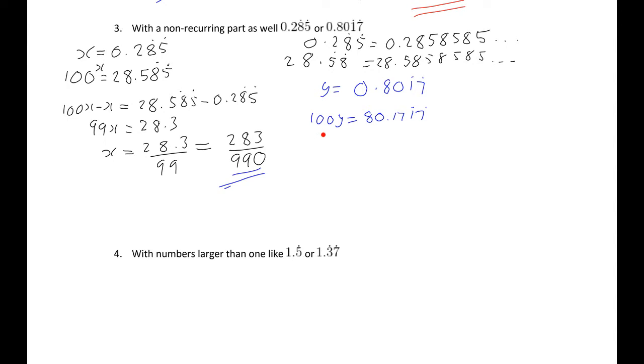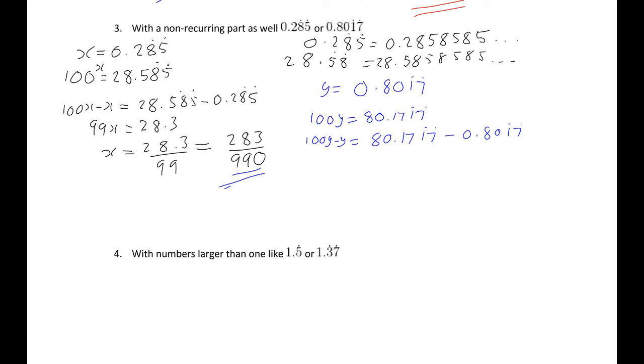So when I do 100y minus y, I'm going to do this line minus this line. The 1s, 7s cancel. So we get 100y minus y, and that equals 80.1717 recurring minus 0.8017 recurring.